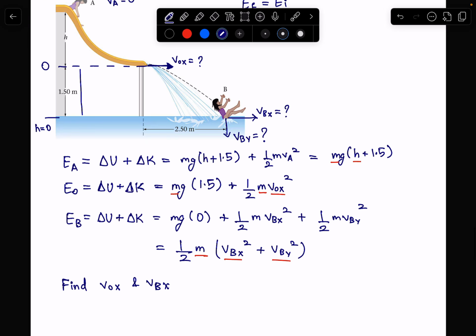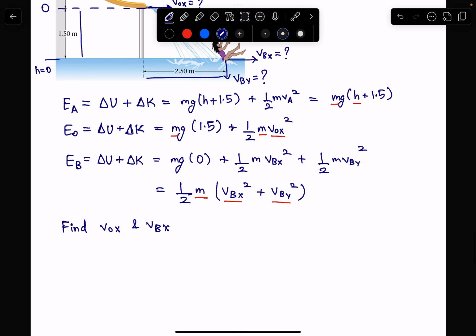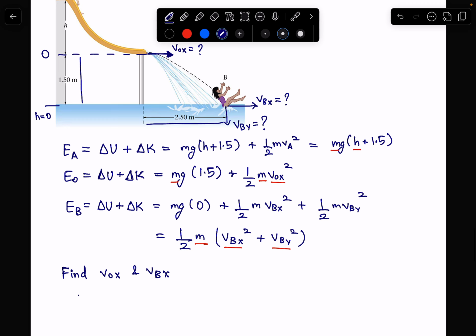So I know this person went a distance of 2.5 meters, and they fell a distance of 1.5.